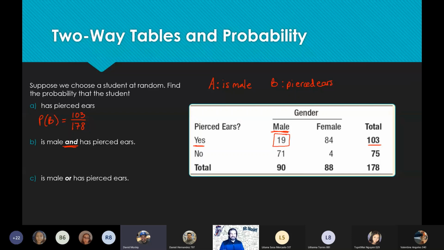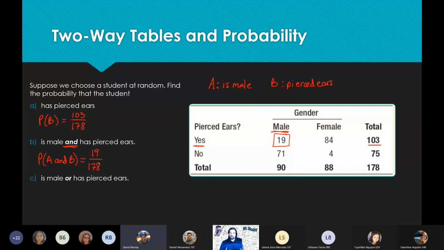There are 19 males in this course who have pierced ears. And that's what this is asking, probability of A and B. Both things must happen to be counted. We have 19 males with pierced ears. The probability is 19 out of 178.